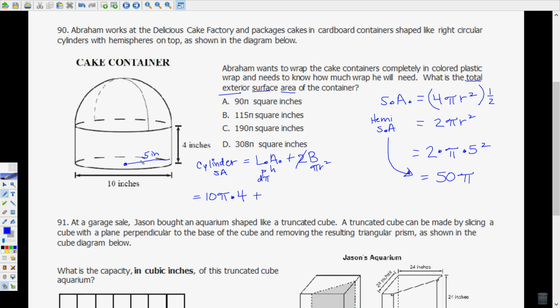The radius is 5, so 25 pi. So we have 40 pi plus 25 pi, and the surface area of the cylinder part is 65 pi. Now we add the 65 pi plus the 50 pi to get the total surface area of this cake, 115 pi square inches.